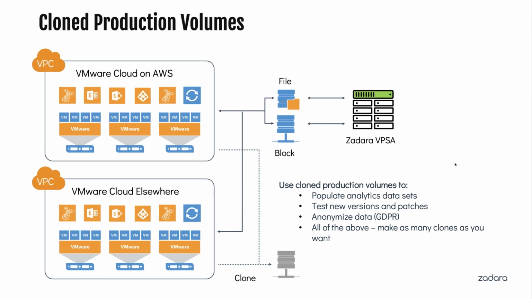Yeah, clones are a very powerful instance of an array. We can clone either a file system or block device, and it's really built into our snapshots. We're actually doing snapshots all the time, and when you issue a snapshot, it gives you a point in time of when you trigger that.